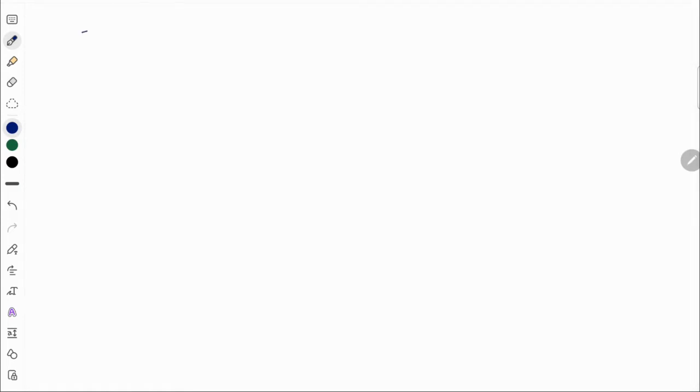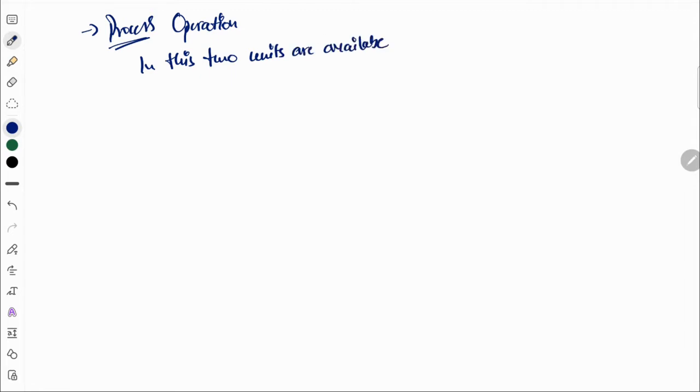When we see this process operation, two units are available. First one is the arithmetic unit. Second one is the logical unit.